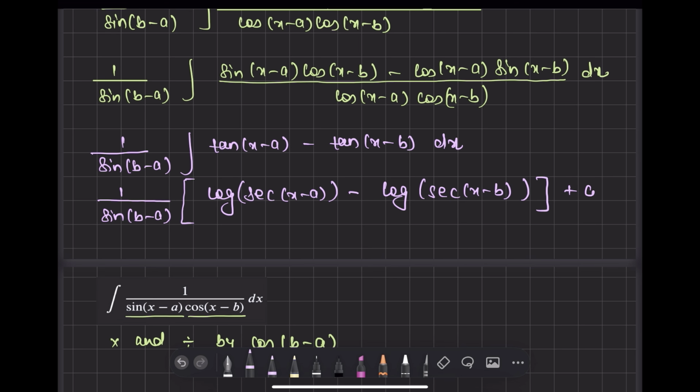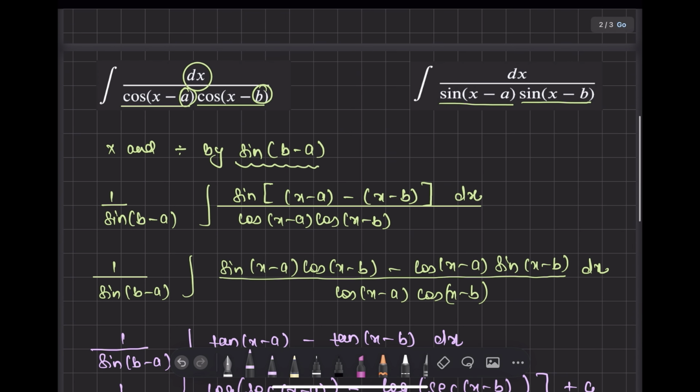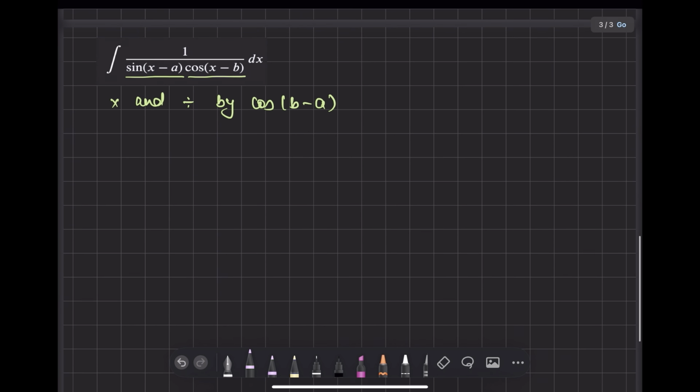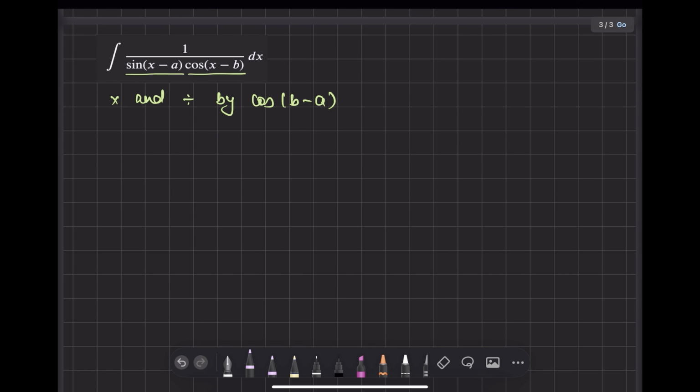You know that here we have log m minus log n, so you can apply the log m by n concept as well. Same thing you will do over here. Okay, so here what will happen, you will have cot a minus cot b. Here we got tan a minus tan b, no? So there you will get cot a minus cot b, and you know that the integration of cot x is what?